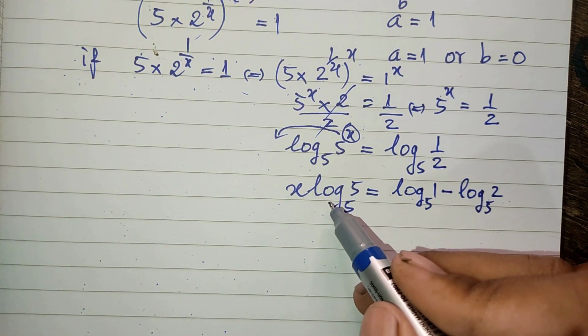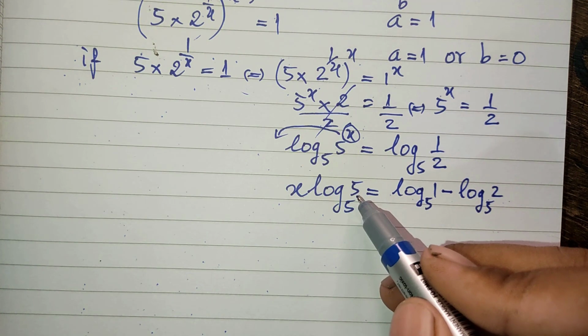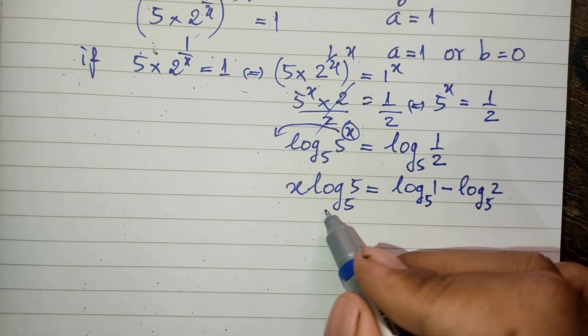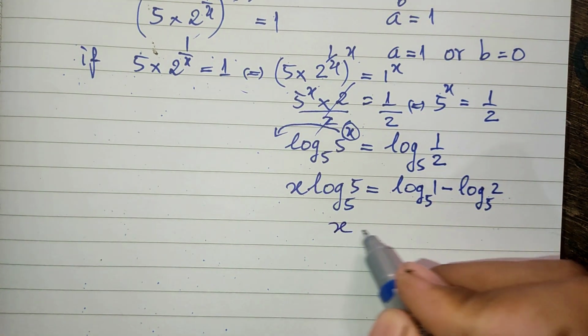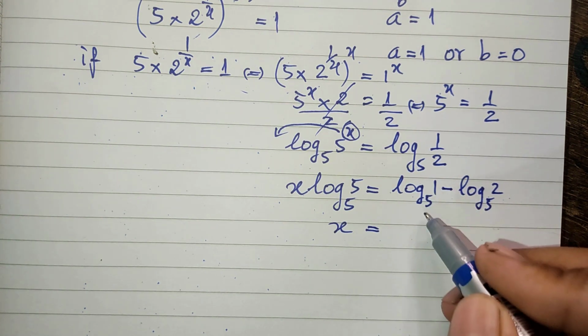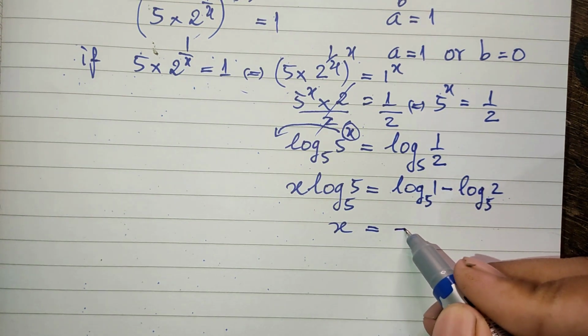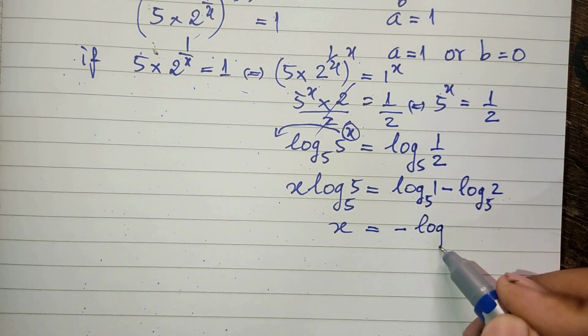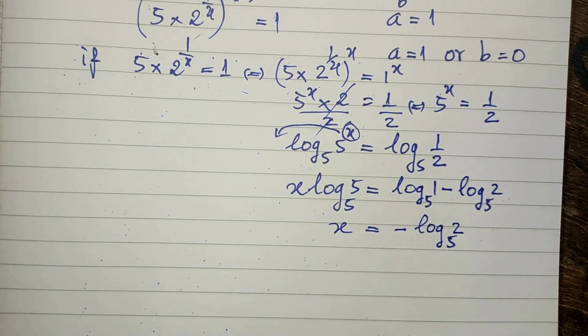Log base 5 of 5 is equal to 1, so 1 multiplied by h is h, and log base 5 of 1 is 0. So h equals minus log base 5 of 2.